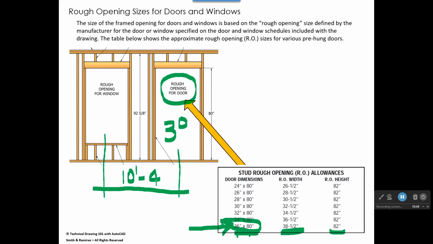So we've got 10 feet 4 inches. So we're going to mark the foot mark and the 4, and instead of having an arrowhead right here like we normally would on each end, what we're going to use today are called tick marks, and they're 45-degree lines that go through, and that tells us where the dimensions terminate.